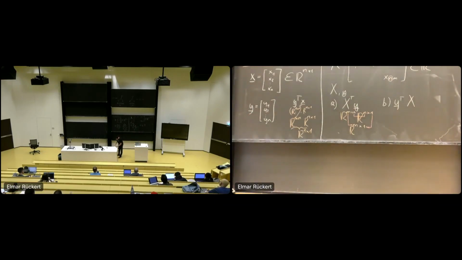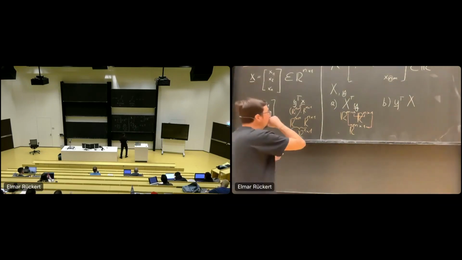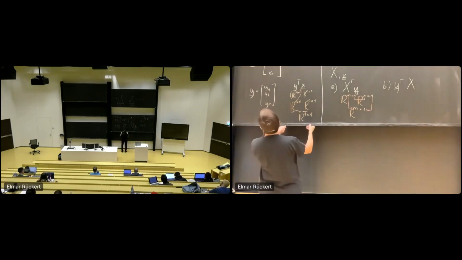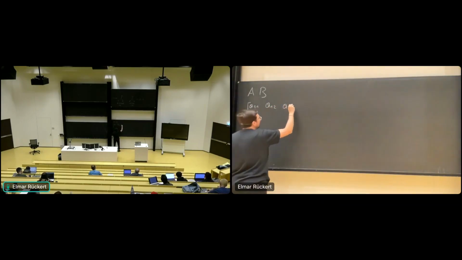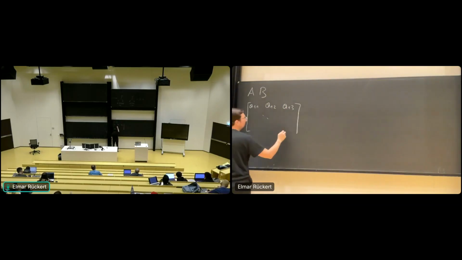Done. Ah, yeah, matrix product. Just for completeness, if you have two matrices, A times B, you all should know how to solve this product, but let me give you one example, because we are not in a rush today.